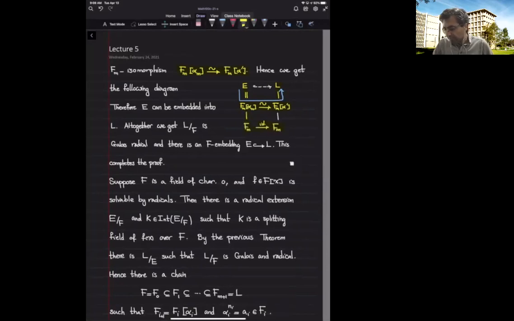So it's an f linear embedding of E into L. So E can be embedded into L by an f linear map.